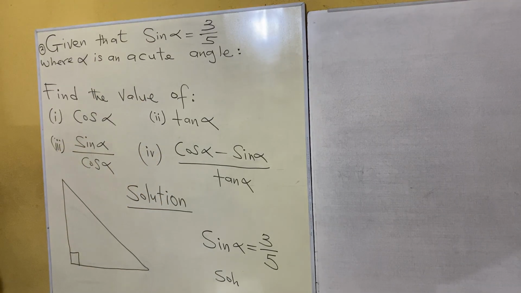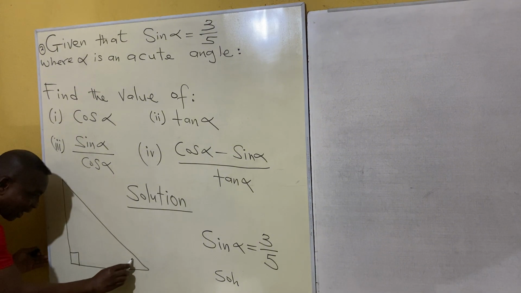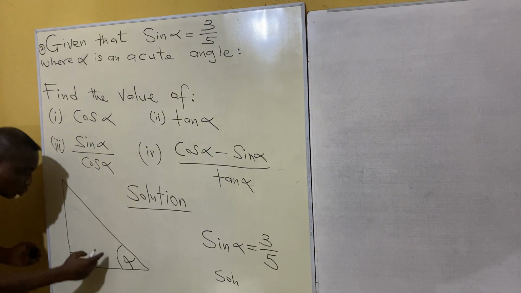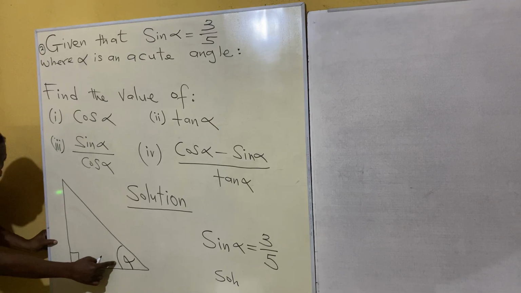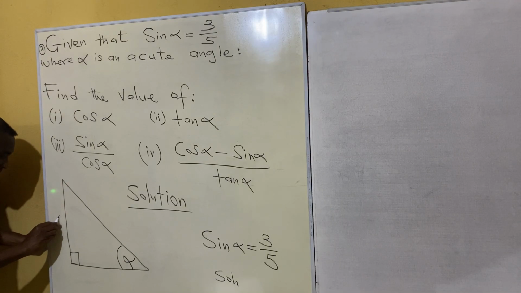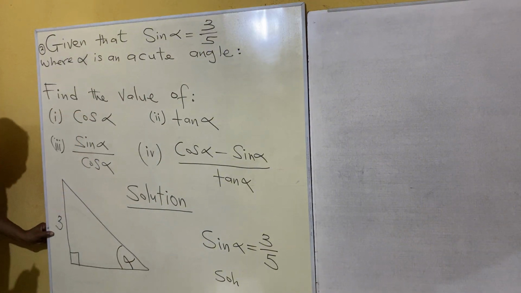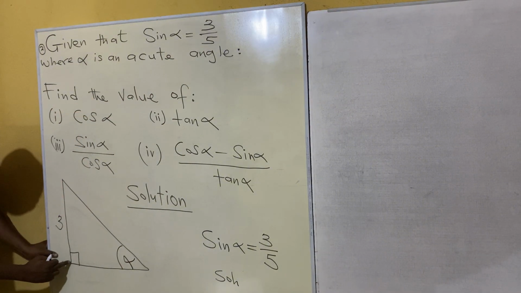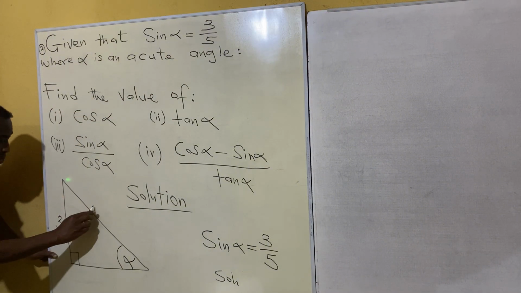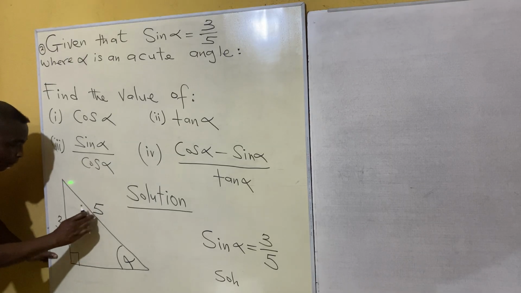So now in determining the opposite, we need to show the angle. So I'm putting the angle alpha to be here. So therefore this side opposite the angle will be the opposite. So this side is 3. And then the 5 is the hypotenuse. And we know that hypotenuse is always opposite to the 90 degrees. So this is the hypotenuse.